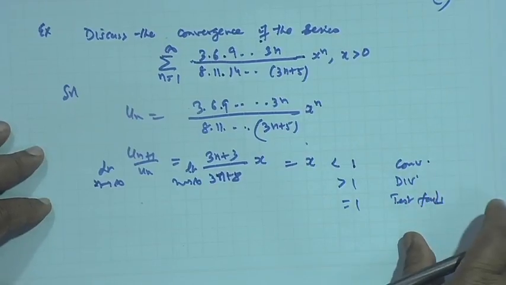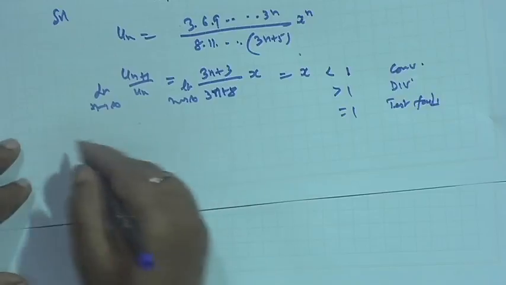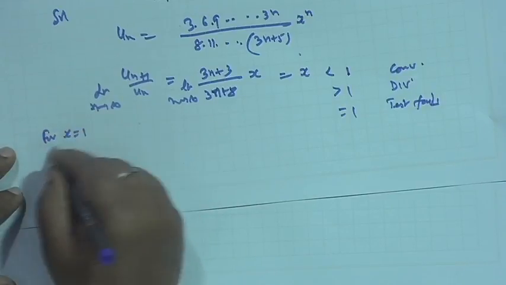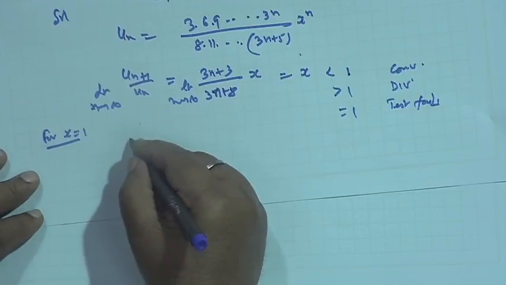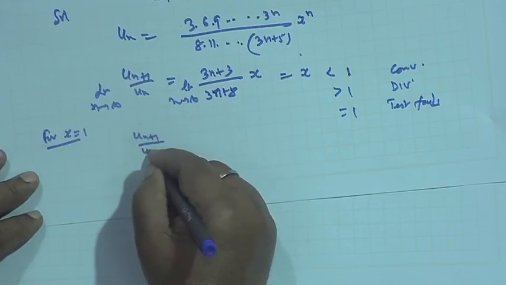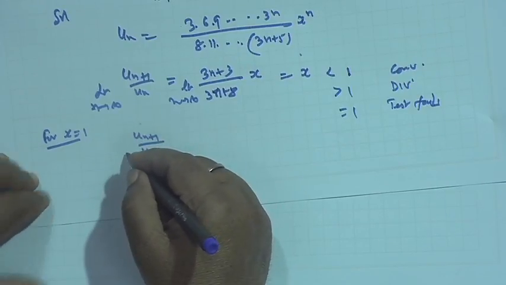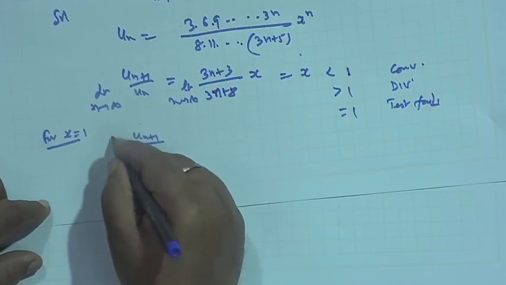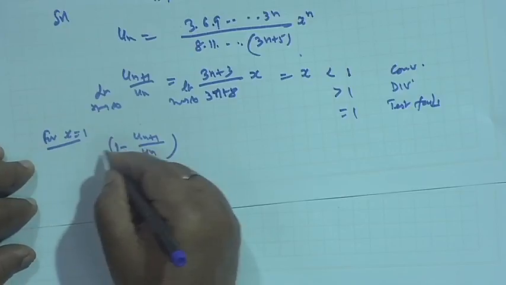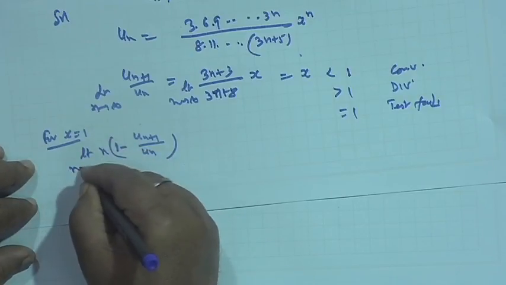So, in order to decide for x equal to 1, we again put x equal to 1 and then take the limit of u n plus 1 over u n, then consider 1 minus this, into n, and take the limit as n tends to infinity.